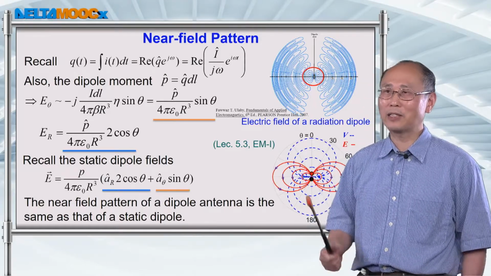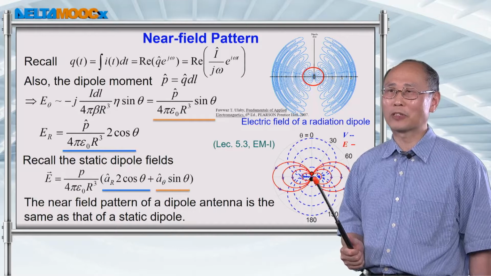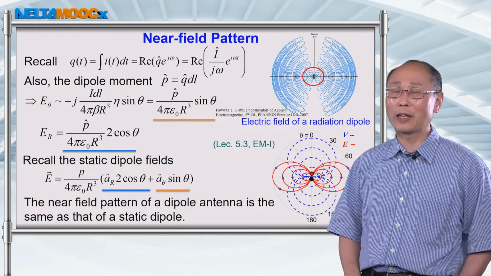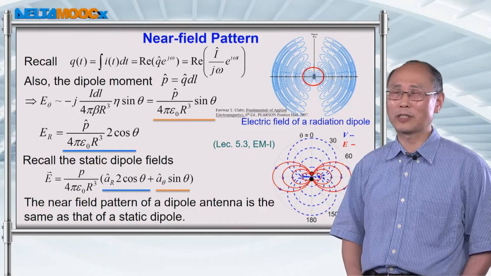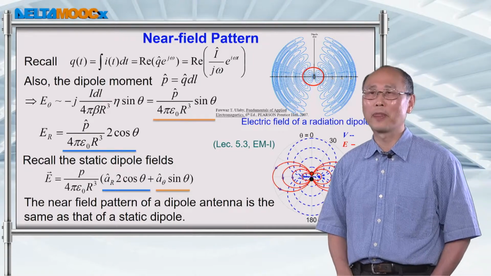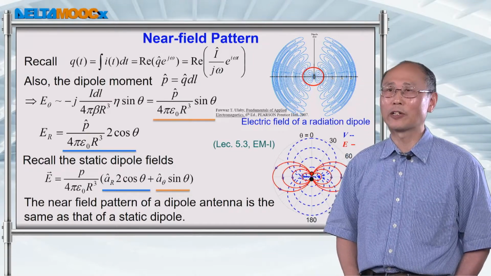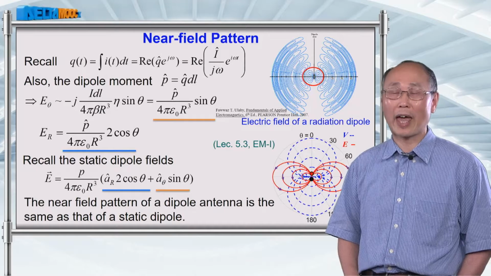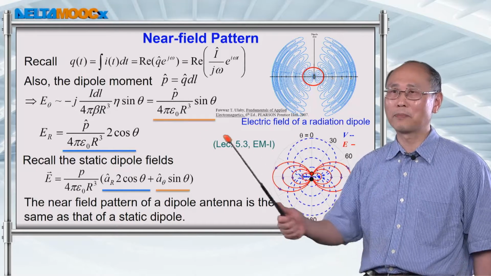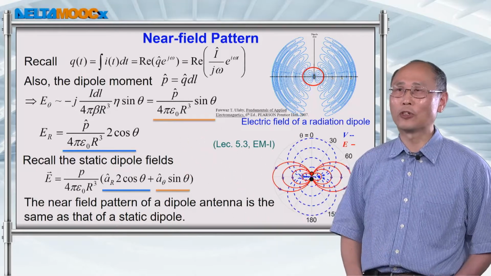And this is not going to be useful because the fields do not radiate. So we just try to calculate the Poynting vector along the R direction, and we found that there's no average power based on those dipole fields.